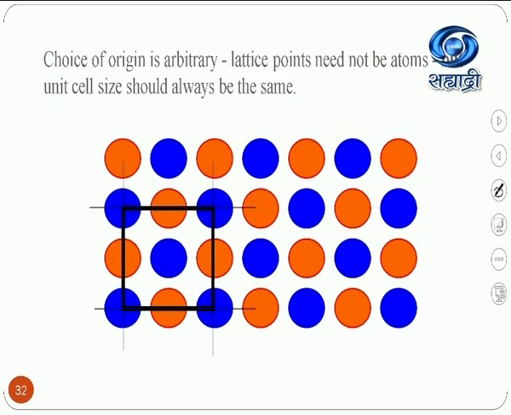Now I draw one black square, and that square has 4 blue spheres at the corners and 4 orange spheres at the edges of the square. This is a 2D picture, that's why I am using the word square instead of cube.